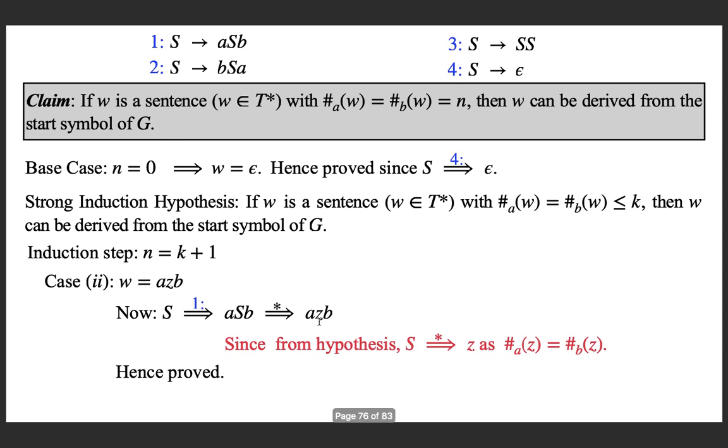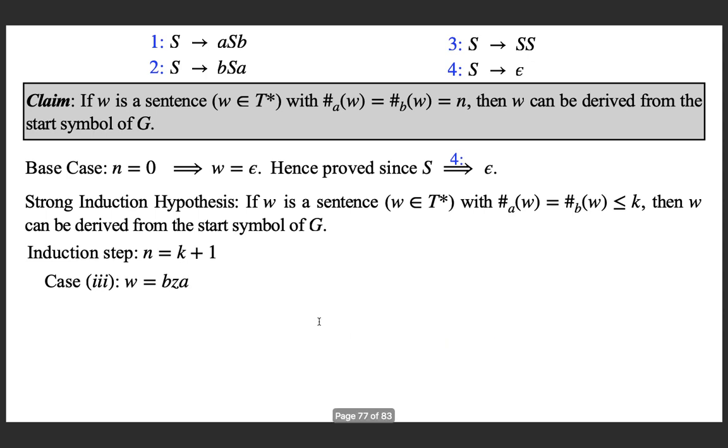So we are done in that case, and we have to prove the last case, where W starts with B and ends with A. The proof is very similar. In the first step we will apply production number 2.